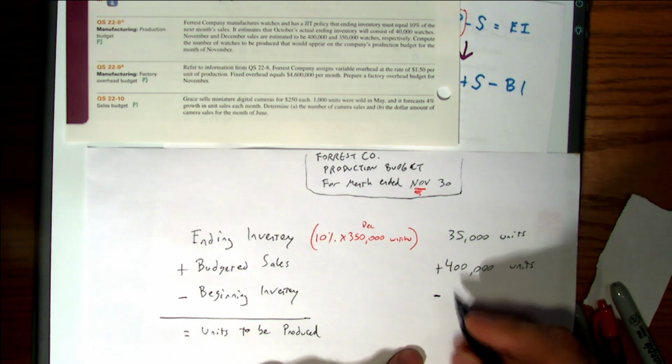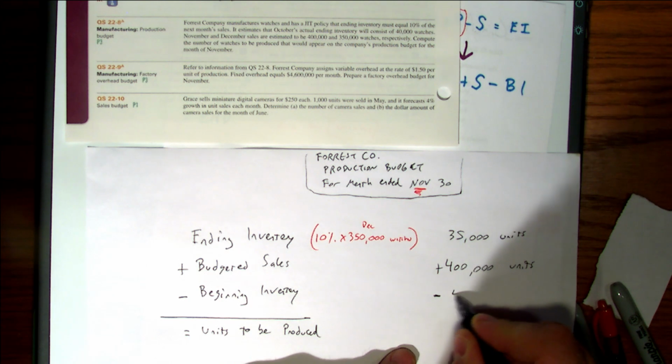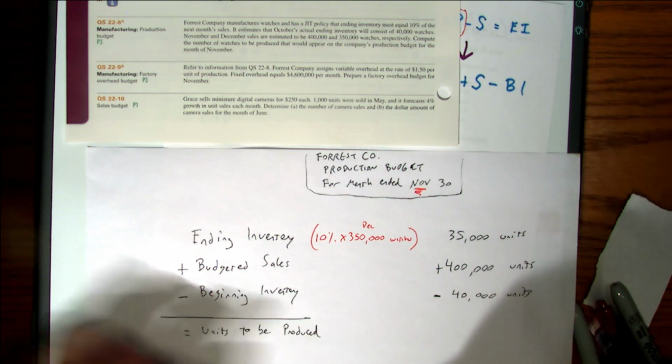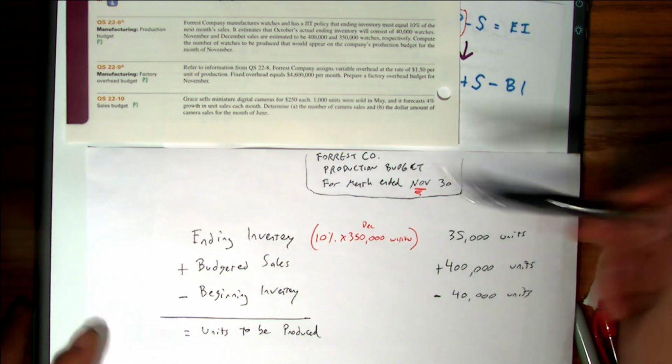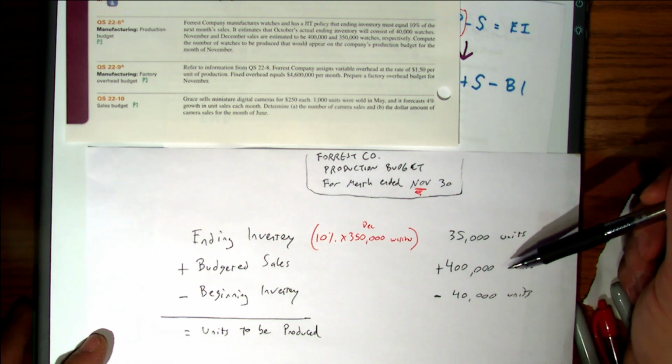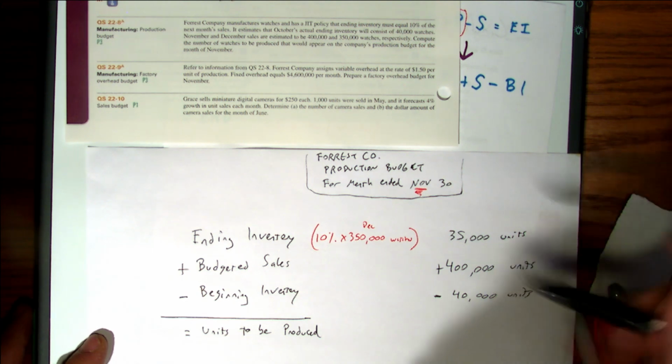So this should be 40,000 units. Do you see that? Because 10% of 400,000 is 40,000.